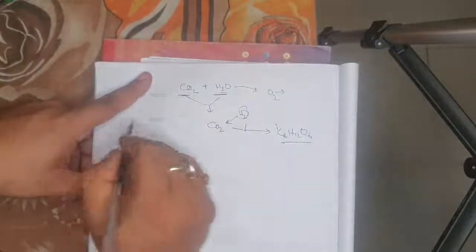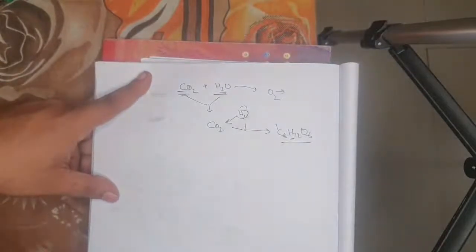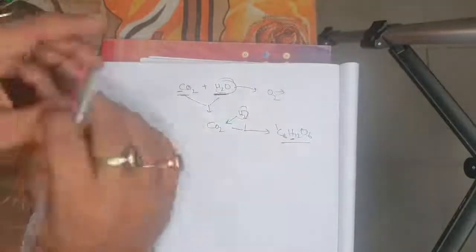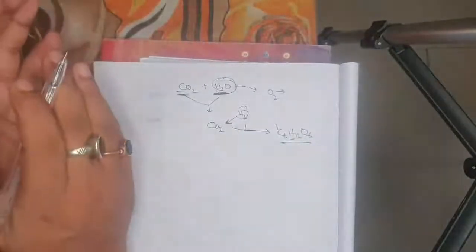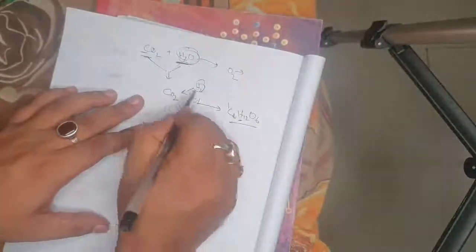That is, the C of the glucose comes from the C of the carbon dioxide. The H comes from the water, which is a good reducing agent. I am so sorry, not oxidizing agent, reducing agent. So H2O is a good reducing agent from which H comes and they combine.